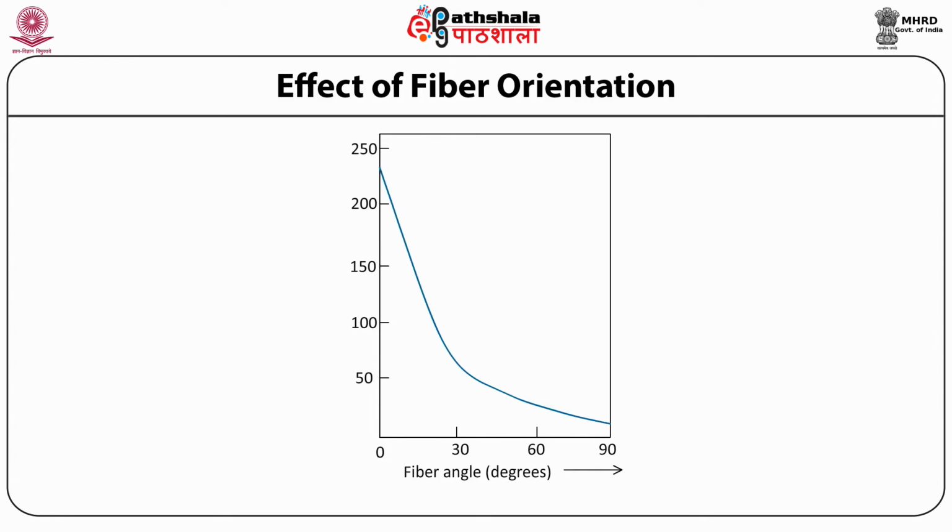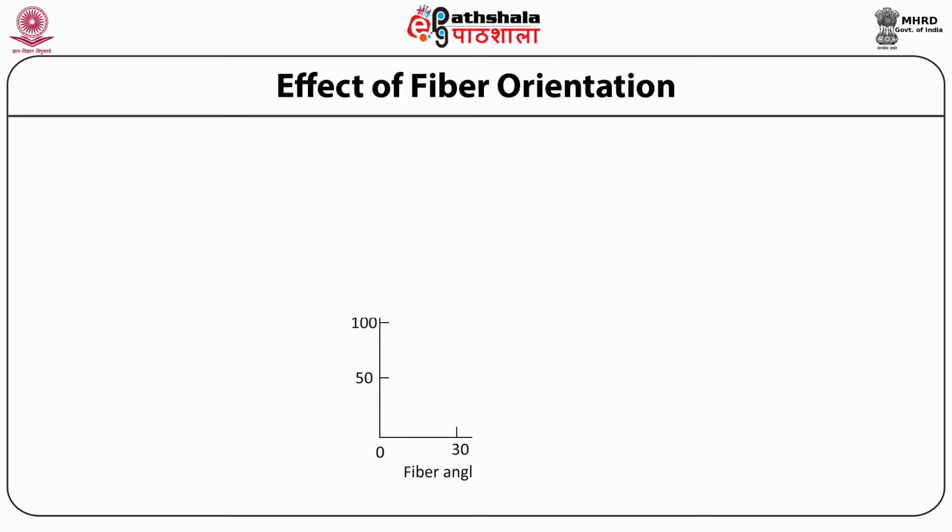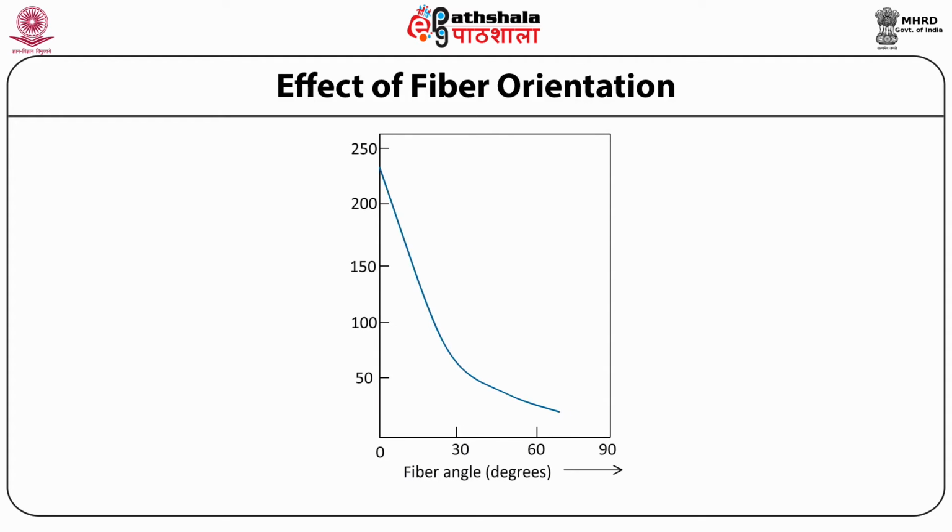This has been experimentally verified, and one of the results is given in this figure, where it shows the variation of the elastic modulus versus the orientation of the fiber or the fiber angle in degrees.